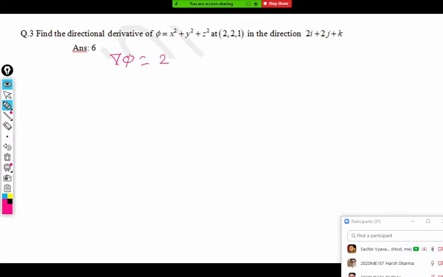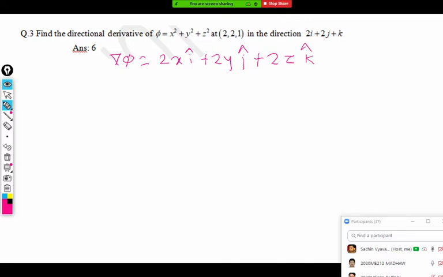That is 2x i cap, 2y j cap, 2z k cap. Very good. And very simple derivatives are coming here. In vector calculus, we hardly require derivatives of three kinds of functions: algebraic, exponential, and by chance sometimes we require the product rule of differentiation.